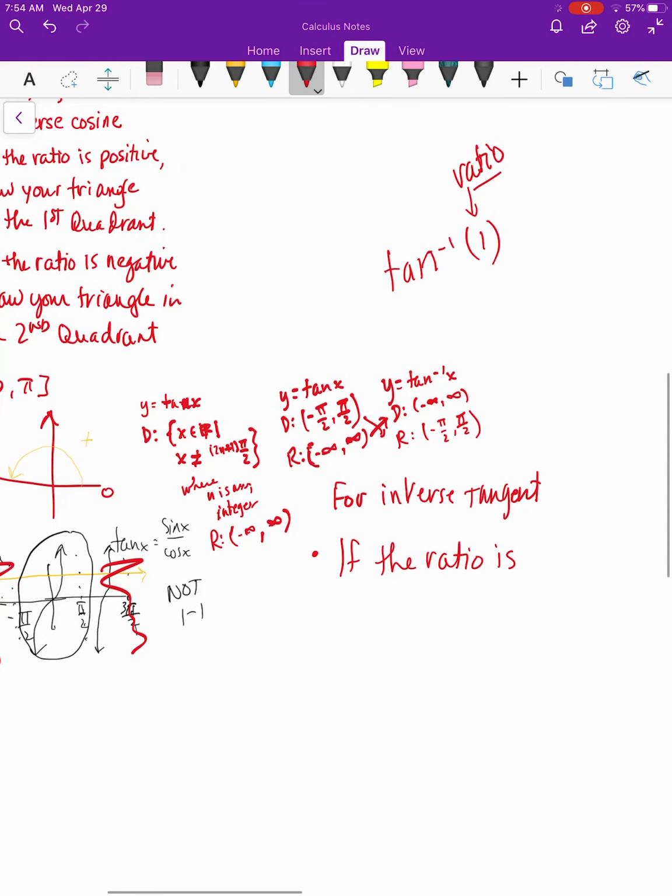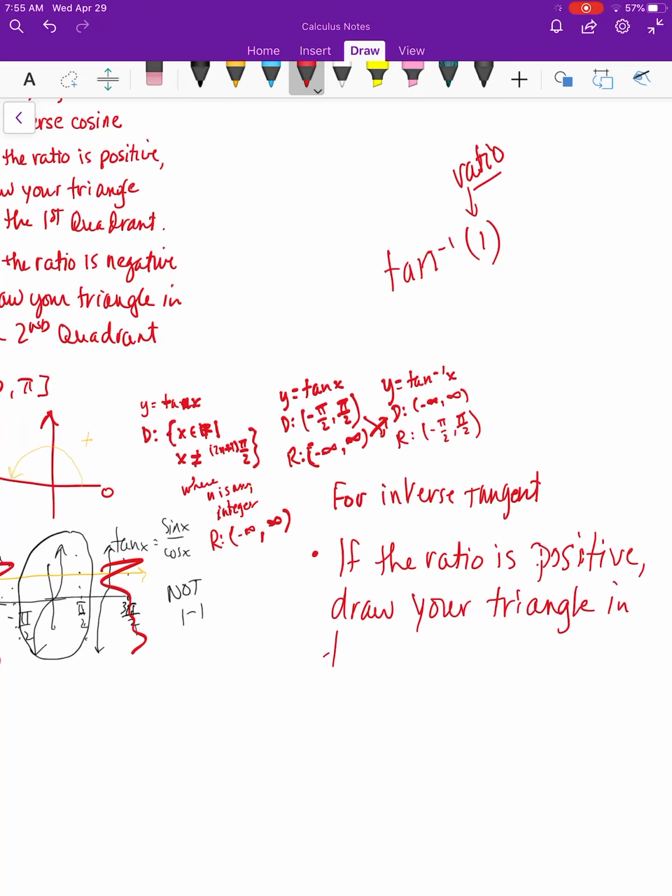So if the ratio is positive, draw your triangle in the first quadrant.